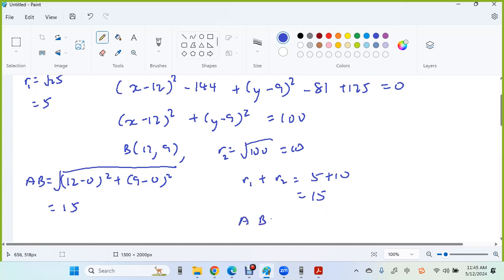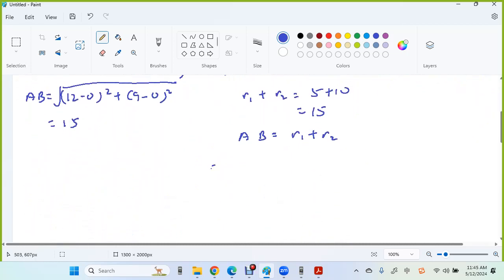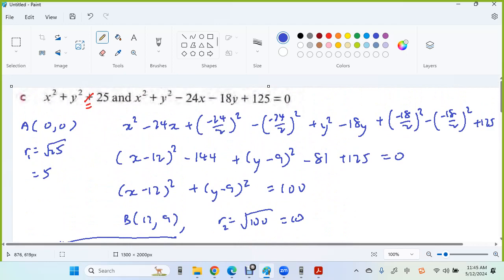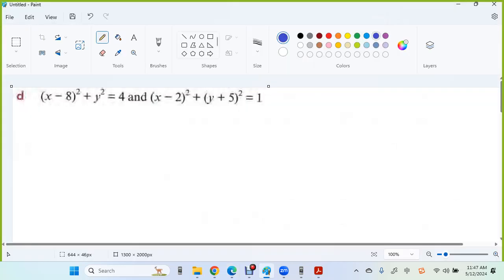So since AB equals R1 plus R2, therefore they touch each other. Okay, touch at one point. So this is the graph. We have the diameter here, so they touch at the point (4, 3) here.